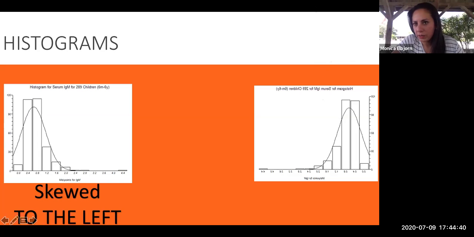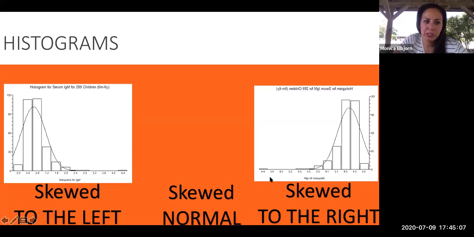Most of your histograms weren't normally distributed. They were really kind of like a spike, because there are very few data points. So this one is skewed to the left, and this one is skewed to the right.